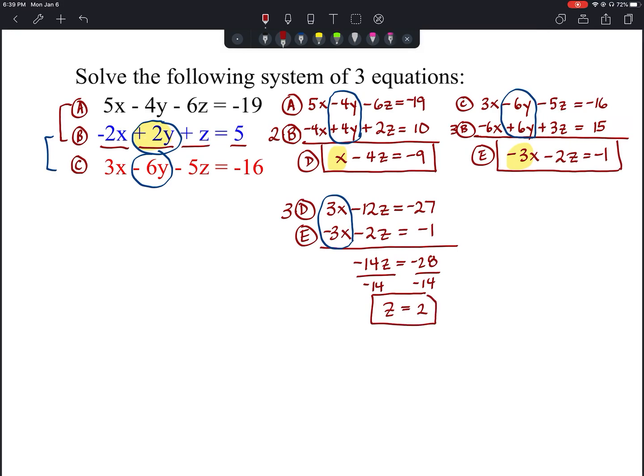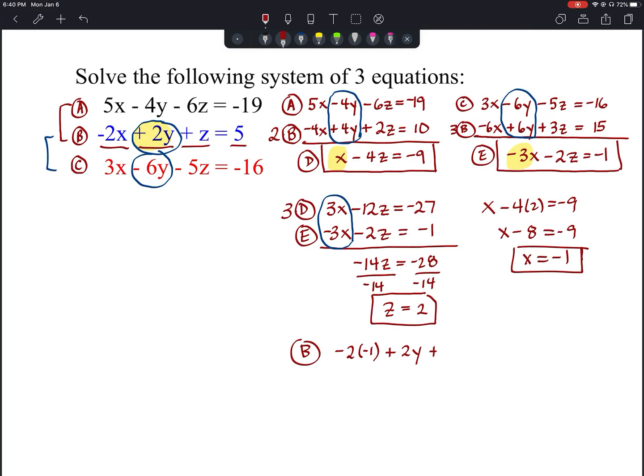Go ahead now, find your x values. I'm going to plug it into D. So I have x minus 4 times 2 equals negative 9. So we have x minus 8 equals negative 9, and x equals negative 1. And then we're going to take it here, and let's use whatever equation you want. I think I'm just going to use B here because the numbers look smaller. So negative 2 times negative 1 plus 2y plus our z, which our z is 2, should equal 5.